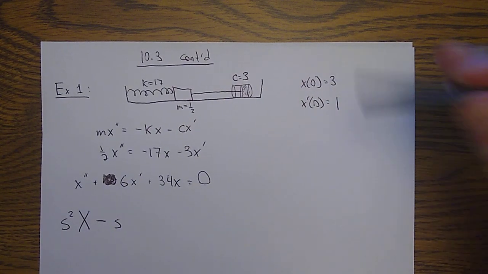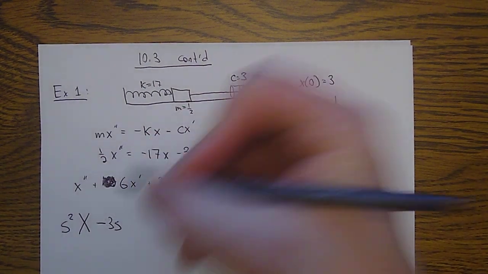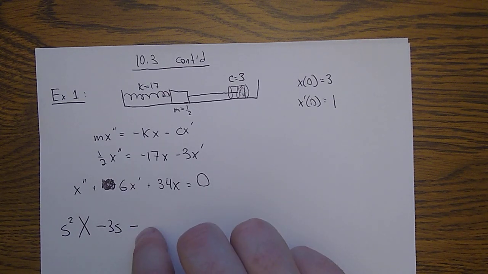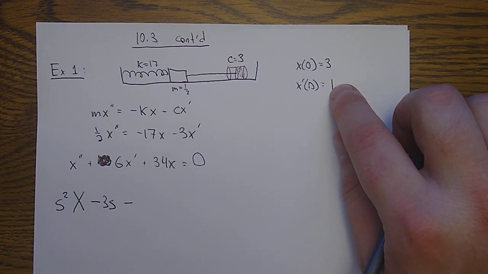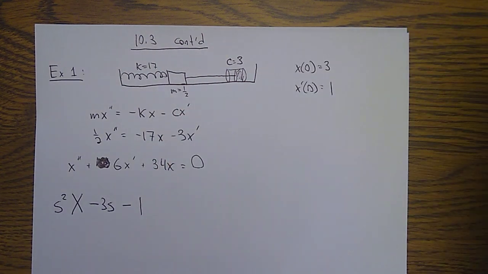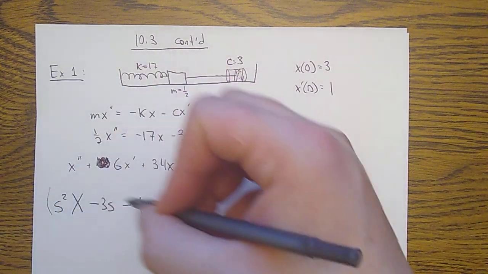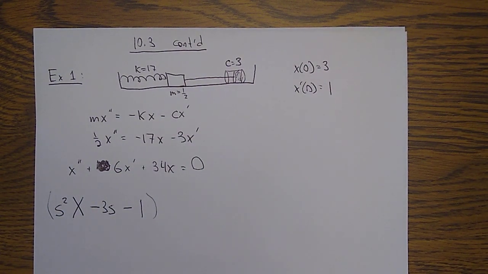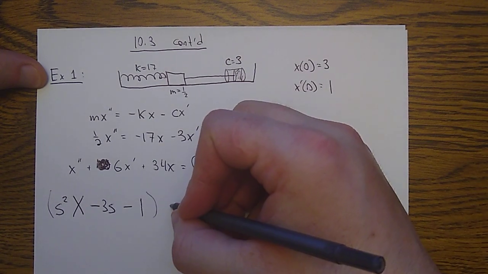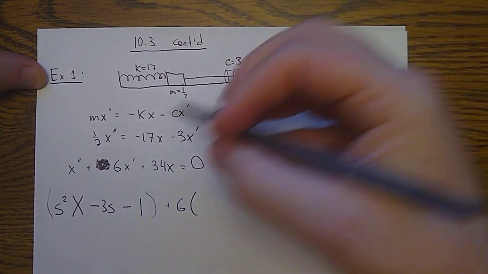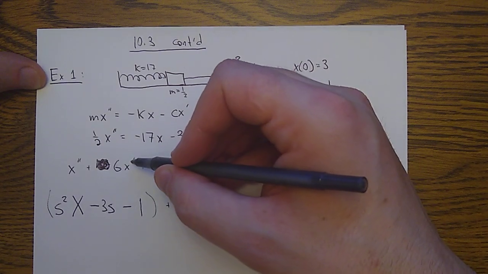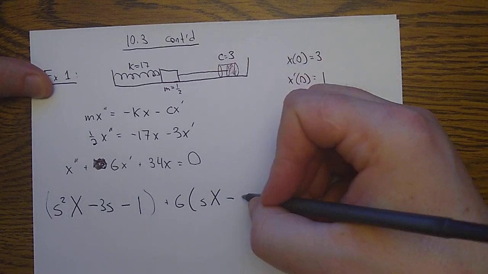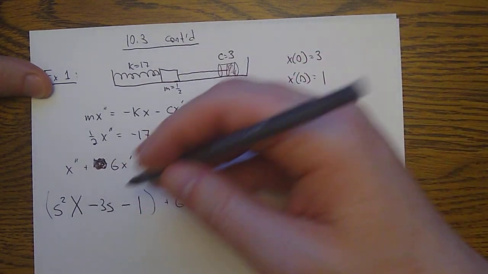So I do s times this, so 3s, and then now I'm going to subtract. Now I'm down to s to the 0, so this is going to be my last term, and I multiply it by this. And s to the 0 is just 1 anyway. So that's the Laplace transform of x double prime. Then I'm going to have plus 6 times the Laplace transform of x prime, which is s times x minus, and then really this is following the same pattern.